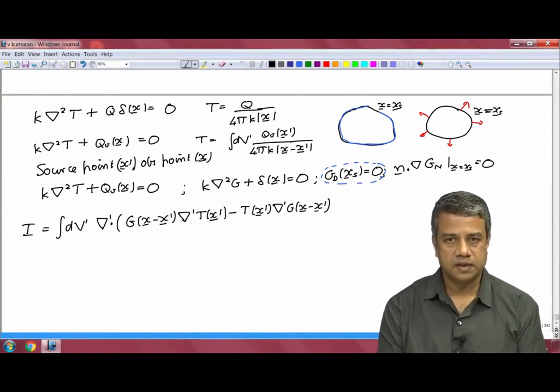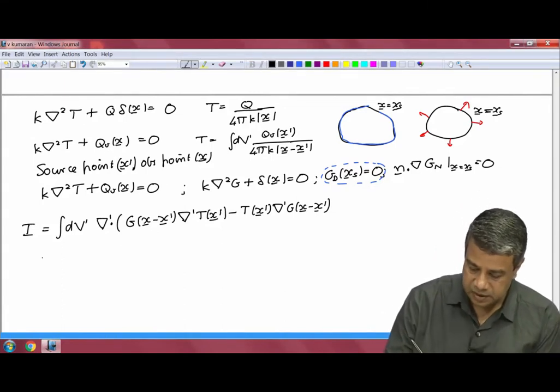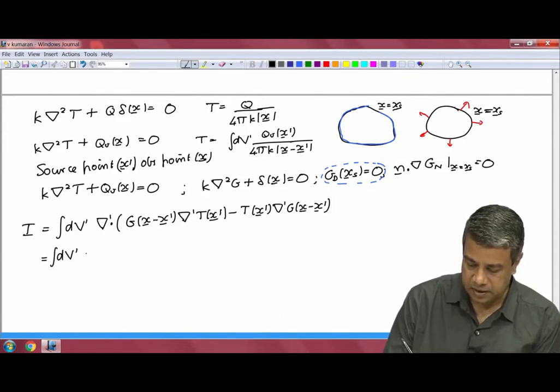I could simplify this in two ways. One is of course to use the chain rule for differentiation of the terms within the brackets.